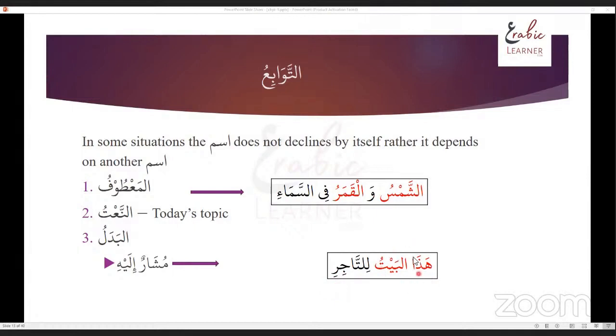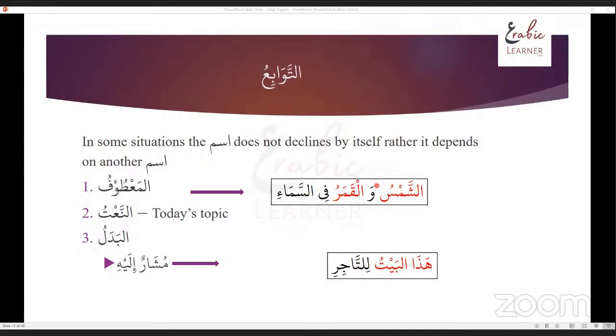Now, musharun ilayh also follows all the four properties of ism, like a naat. Ma'tuf only follows i'rab. It doesn't necessarily follow the other things. See, I can say the man and a woman and a boy and a girl.